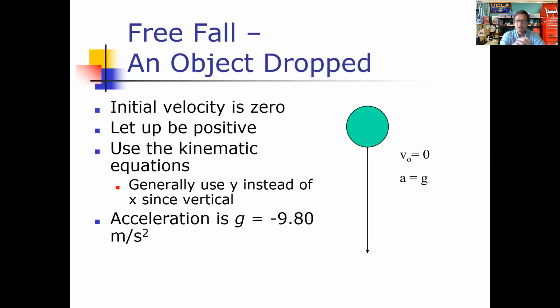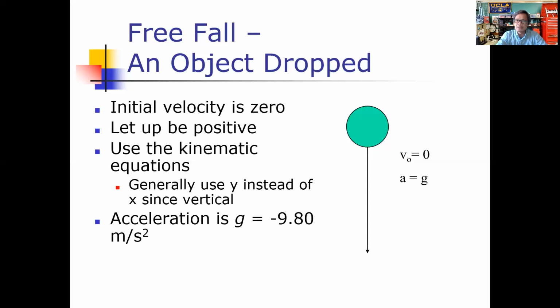Just to make sure you keep this in mind, it's moving at a constant acceleration, which means that the acceleration does not change. And it's a constant non-zero acceleration, folks, because if it's constant zero acceleration, the velocity doesn't change. Here, the velocity has to change because it's being pulled down by the Earth by a single force. If that force is acting on it, the object will accelerate, and if it's accelerating, then it will be changing its velocity.